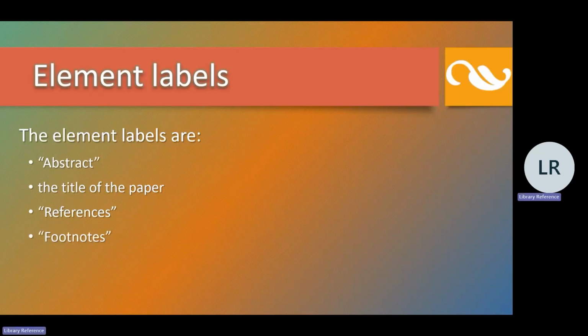The page with footnotes has the label footnotes, and the appendix has the label appendix. If we have more than one, then they will be called Appendix A, Appendix B, Appendix C, so they will be numbered with capital letters.